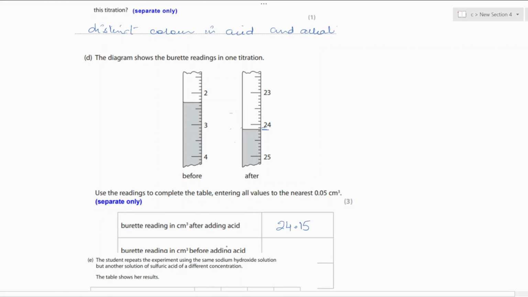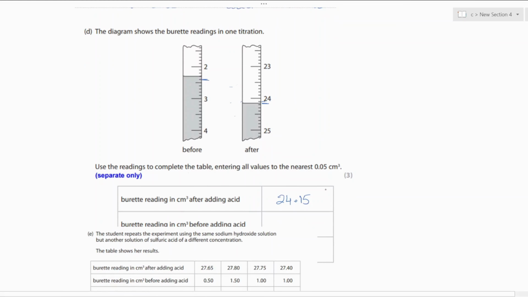1.5. Okay. Before adding acid, it's 1.2 and 2.3. Okay. Now because they have given us a unit that we have to use two, we have to write two numbers after the decimal. Let's write 2.30.